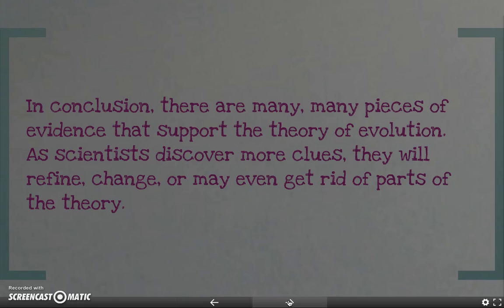But the idea that we evolved from a common ancestor will not go away. Evolution does happen, and we have evidence of it over great amounts of different areas. Evolution has got the proof that it needs to show that it happens.